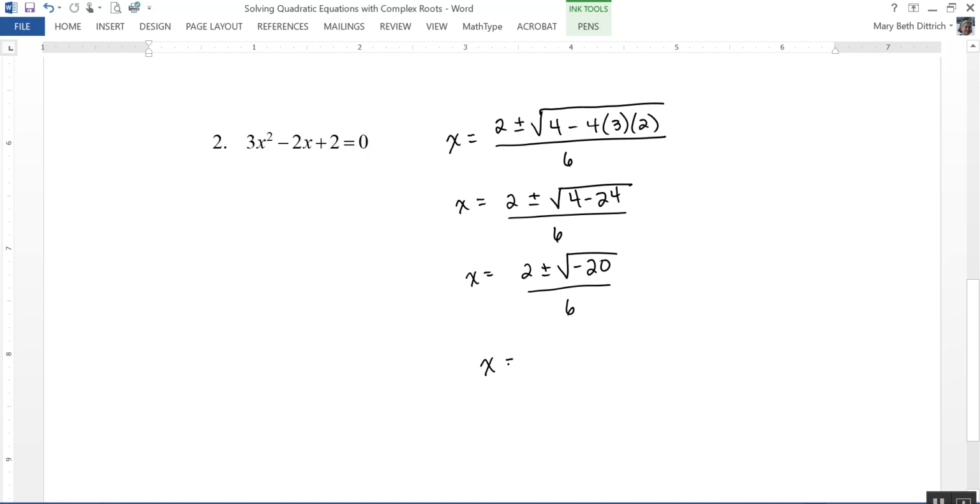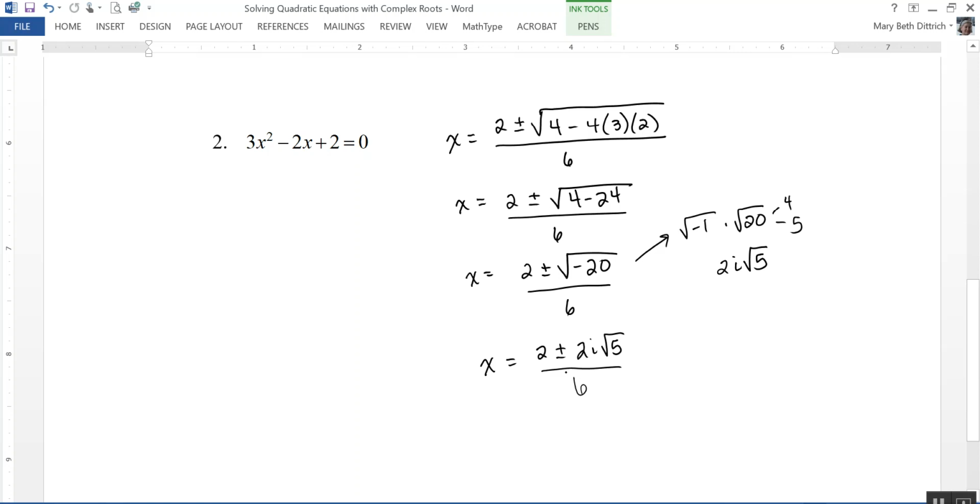So x is equal to 2 plus or minus, and so the square root of negative 20 is going to be the square root of negative 1 times the square root of 20. 20 is 4 and 5, so this is going to turn into a 2 and then i square root of 5. 2i square root of 5 all over 6.